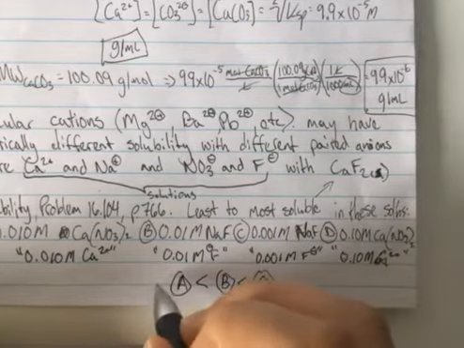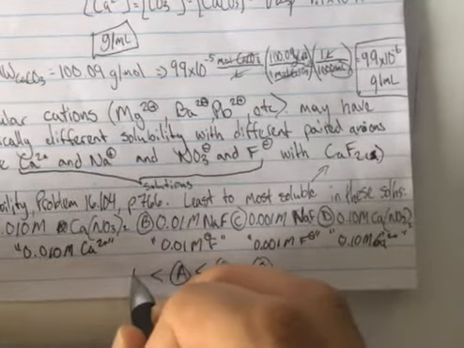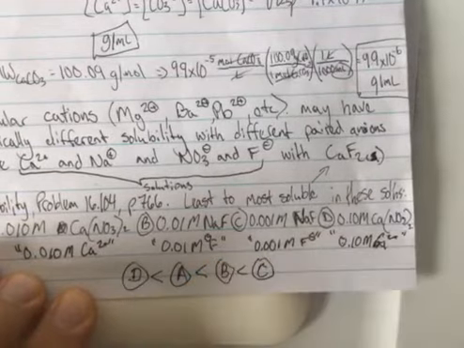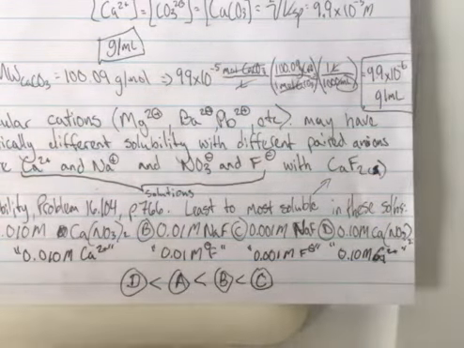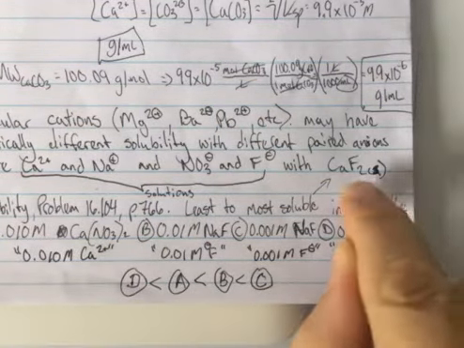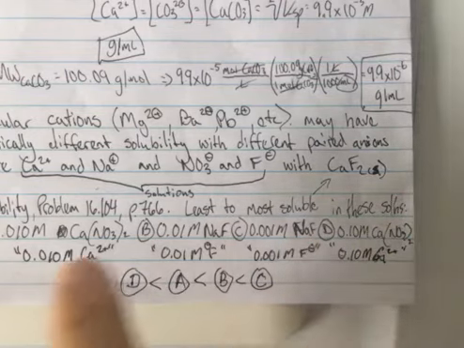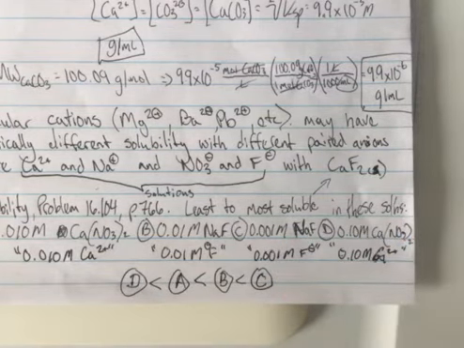And then, of course, least soluble is going to be D. All right. So again, the common ion effect and Le Chatelier's principle are really going to tell you just how much calcium fluoride is going to go into each one of these solutions, just theoretically.